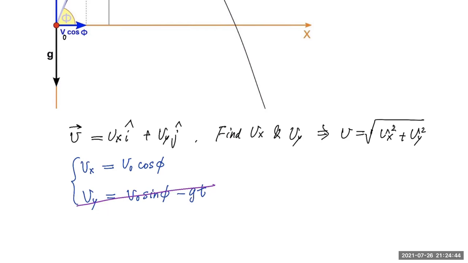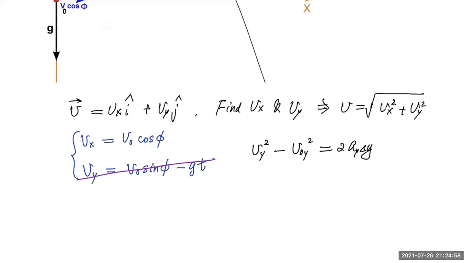So we have Vy squared minus Vy initial squared equals 2 ay delta y. That's the generic formula in the y direction. And Vy is what we're looking for. So Vy squared minus, what's the initial value?